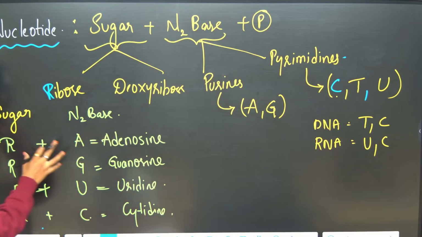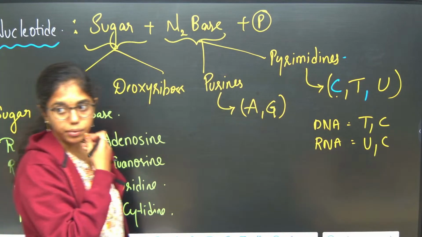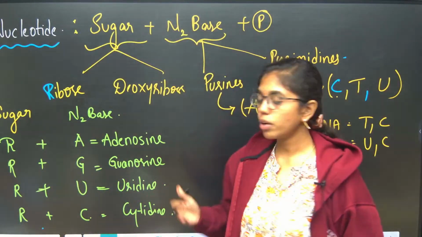When phosphoric acid is added to it, a phosphate group is added to it, this turns out to be what? A nucleotide.